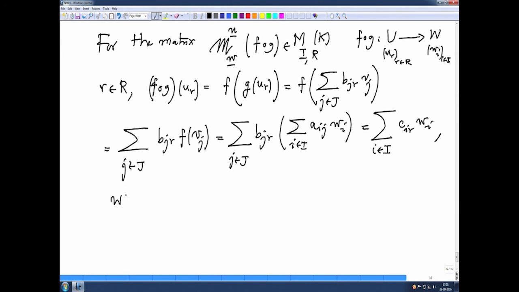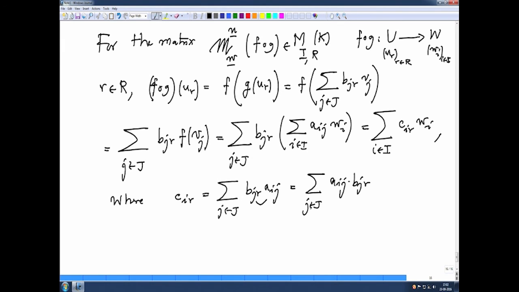I is fixed, R is fixed and J is varying. So this is the summation over J in J of B_JR times A_IJ. Because we are in a field, I can interchange this, so this is the same as A_IJ times B_JR, and the sum is running over J in J.